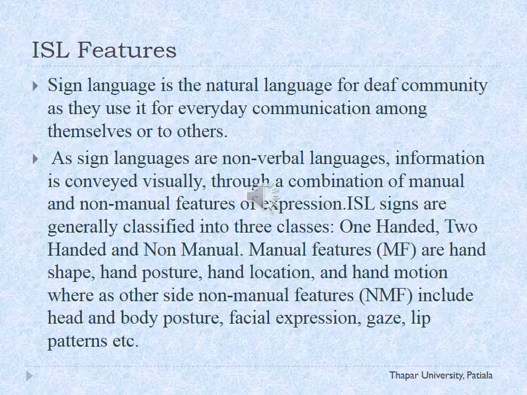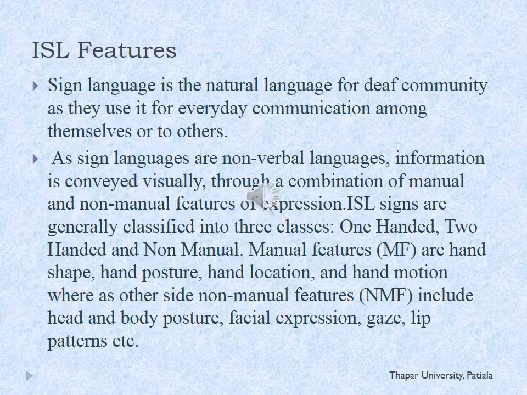There are many features of ISL. Sign language is the natural language for the deaf community, as they use it for everyday communication among themselves or with others. Sign languages are non-verbal languages. Information is conveyed visually through a combination of manual and non-manual features of expression.